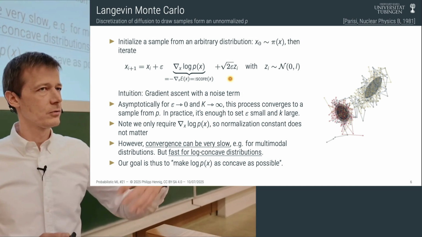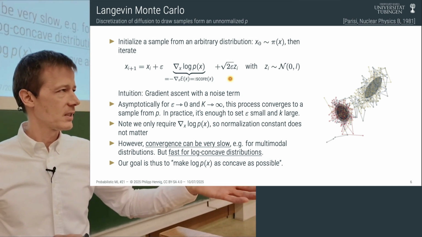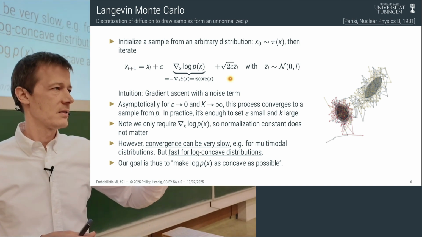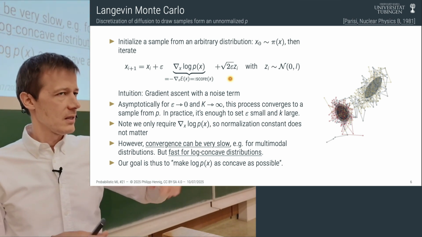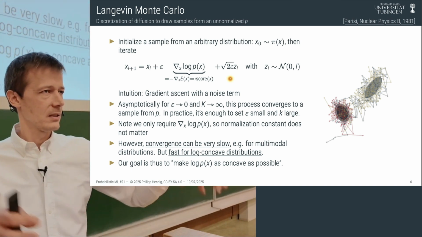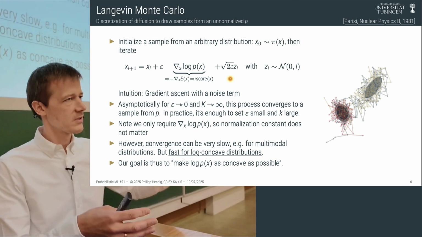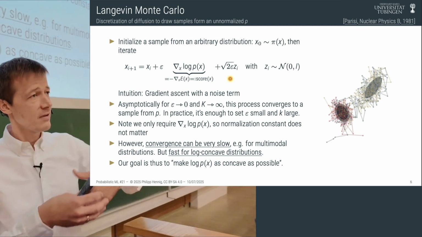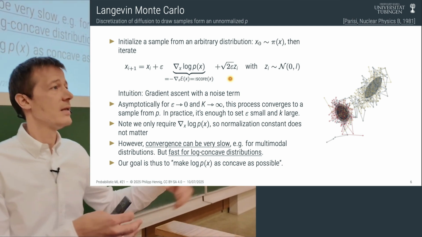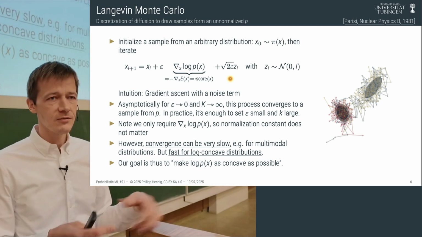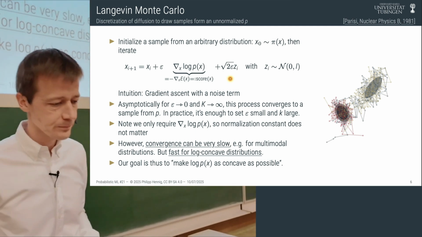You'll remember that to draw Hamiltonian Monte Carlo steps, we solve an ordinary differential equation in phase space, right, where the particle has mass and therefore momentum and moves in this direction, and we solve this ODE in every step of the method by randomly initializing the momentum and then solving the ODE. This is a very, very basic way of doing this. We just solve the ODE in a single Euler step, basically.